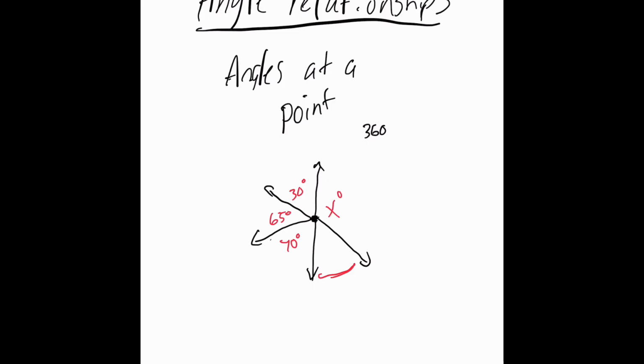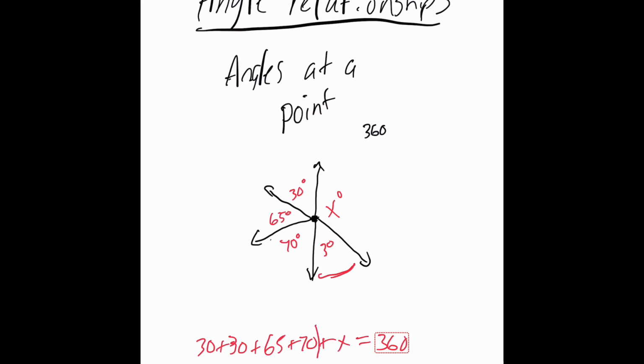Okay, so I didn't give you this blank, right? But using something you just learned with vertical angle relationships, you can automatically fill this in with 30, which now helps you use the angles at a point relationship, where the 30 plus the 30 plus the 65 plus the 70 plus the X should all equal 360.